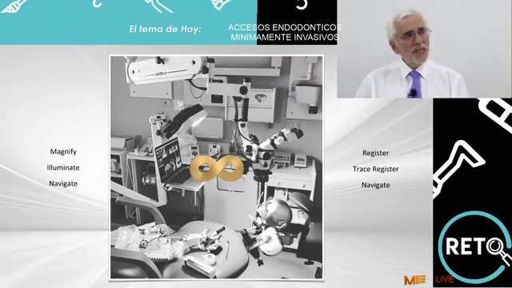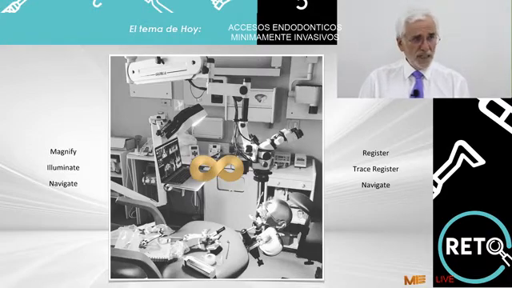Ergonomically, because of the size of Navident, it makes things so much easier. The microscope is able to illuminate, magnify, and allows you to freehand navigate, whereas with Navident, you trace, register, and navigate. You actually plan, is what I meant to say. And you're planning on the CBCT, you're directing and finding your angulation into the actual canal space.